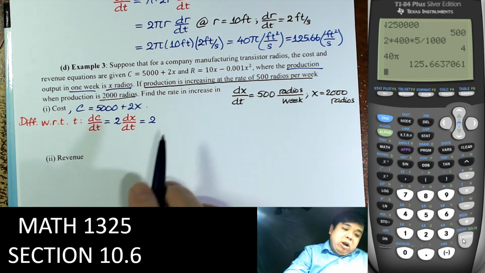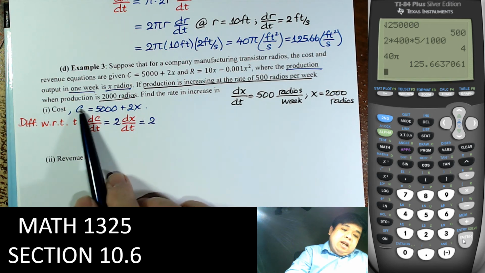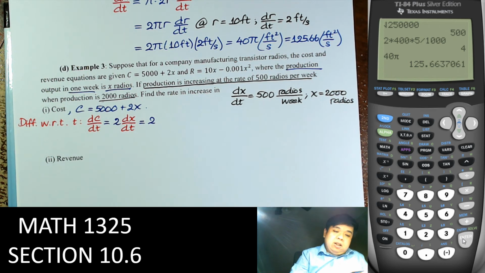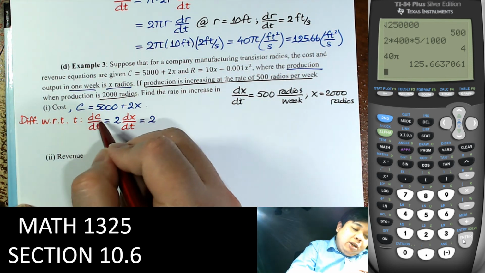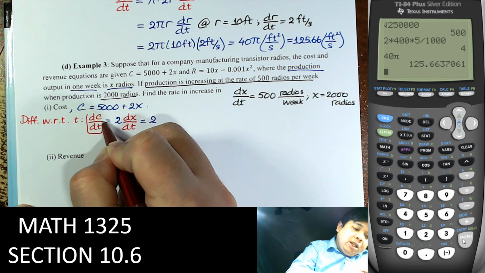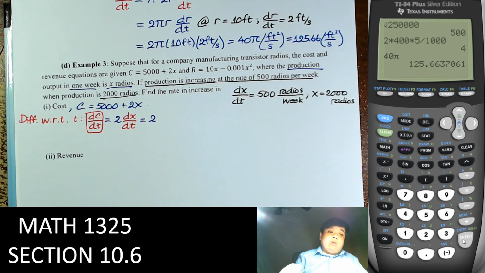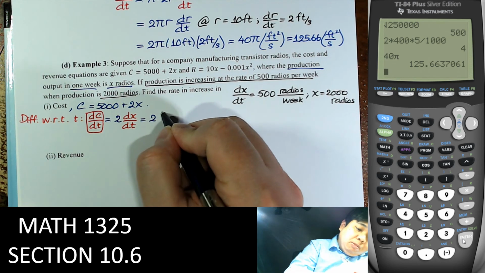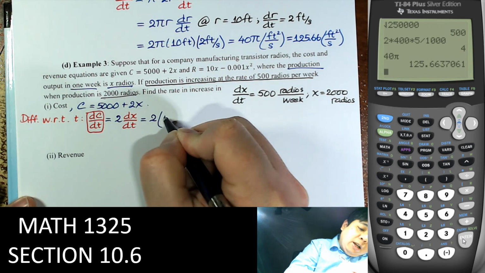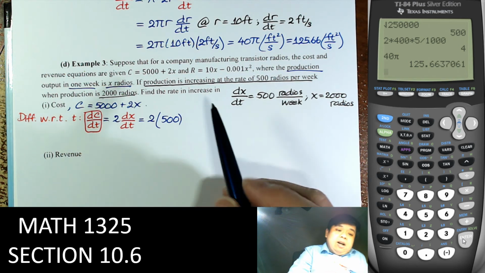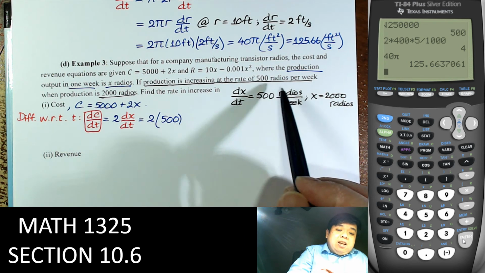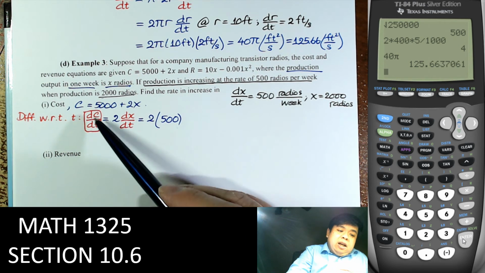Right. The question is find the rate of increase of the cost. The cost function is that. So the question at first, find the rate of increase in the cost, which is dc over dt. So that's the question. So we're looking for that. And then dx over dt is 500 radios. I'm not going to put the unit here because if we put the unit it might not work out. Because if that is radios per week, this doesn't make sense.